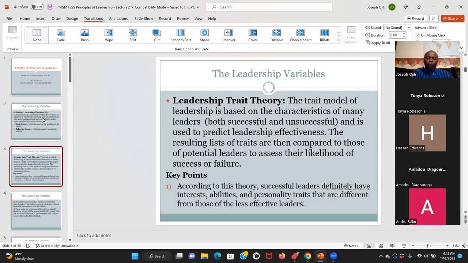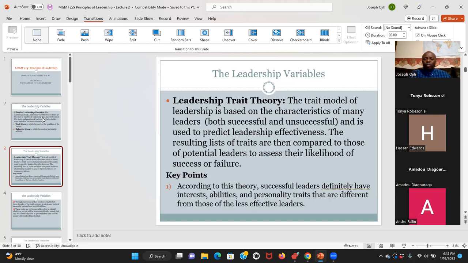So now this theory, as the name implies, is a model that is based on the characteristics of many leaders, both those who are successful and those who are not successful. So we use these traits or characteristics to predict how effective a leader will be.